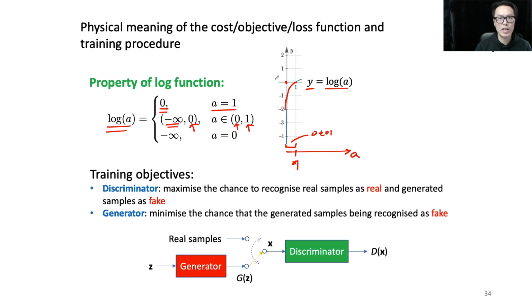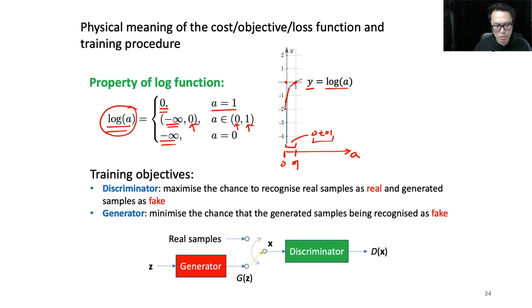Okay, when a is 0, that is this point, so the y value will be minus infinity. So that means when a is in the range of 0 to 1, the y value is all negative except this point, the maximum value that is 0, yeah?